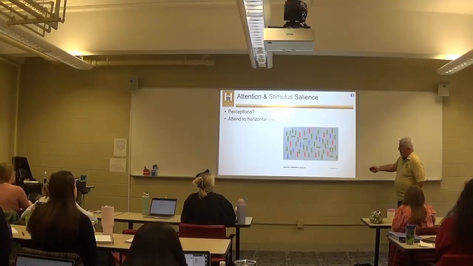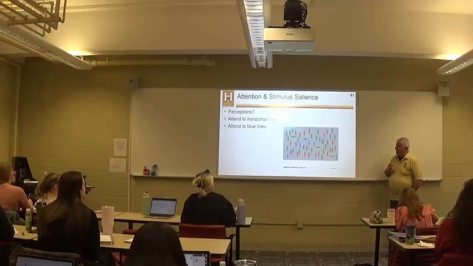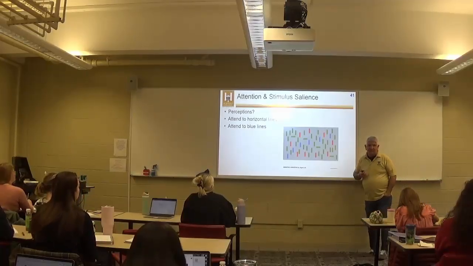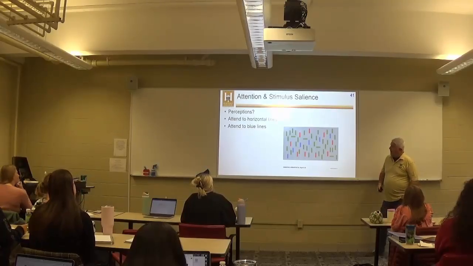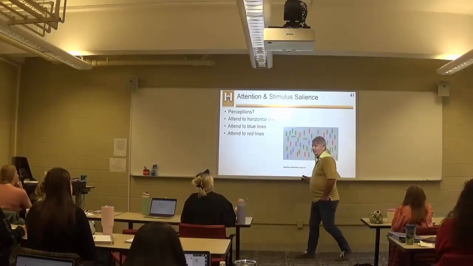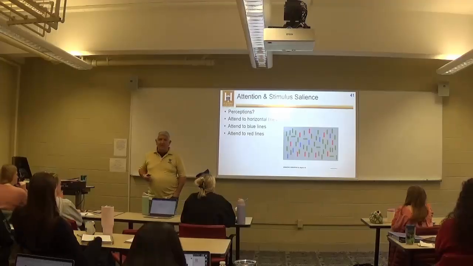All right, they're all kind of making a diagonal here if you attend to just the horizontal lines. Right? What if I say attend to the blue lines? Okay, so now you're seeing kind of a horizontal diagonal line here. Right? What if I say attend to the red lines? You're seeing an oval shape in there.